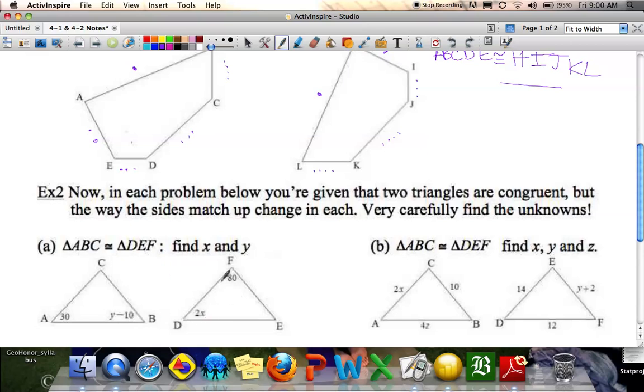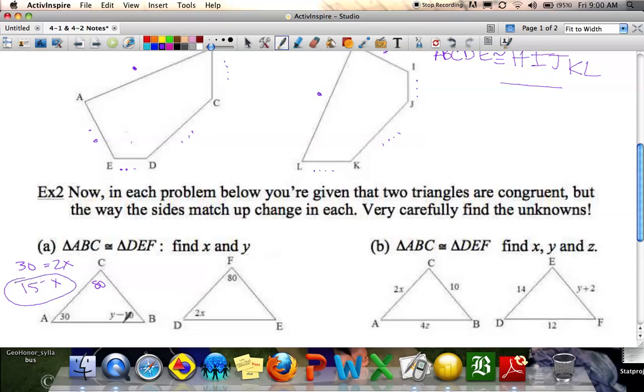Well, let's see. Angle F matches up with angle C, so that's 80 degrees. Angle D matches up with angle A. Oh, so angle A is 30 and angle D is 2x, so we can solve for x to get 15.